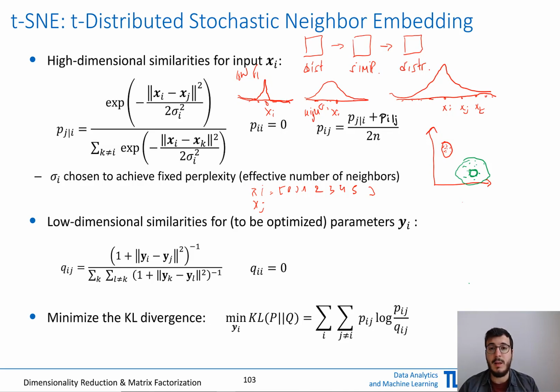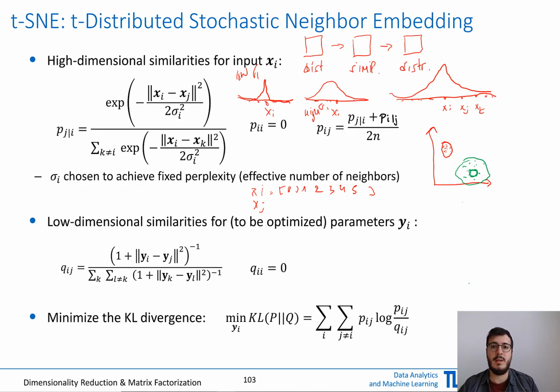In general, the perplexity of any distribution is 2 to the power of the entropy of that distribution. And the perplexity of a uniform distribution over k elements equals exactly k. Keeping this in mind, the way we set the sigma i's is to achieve a predetermined constant number of effective neighbors.